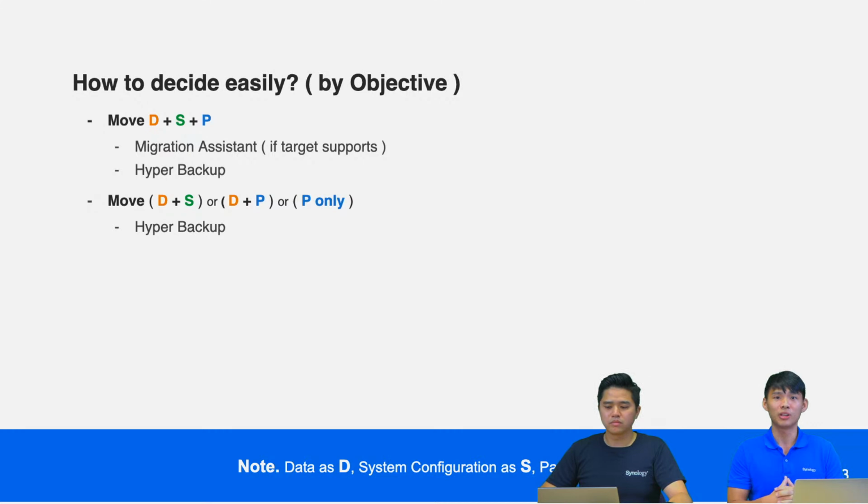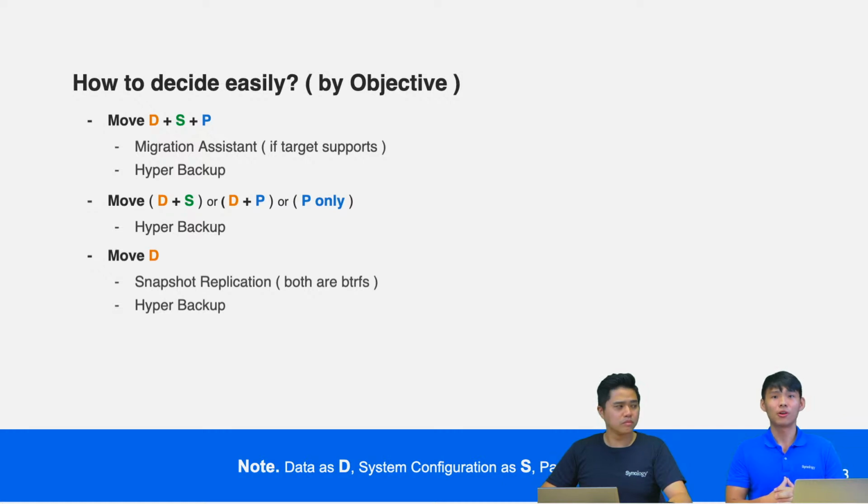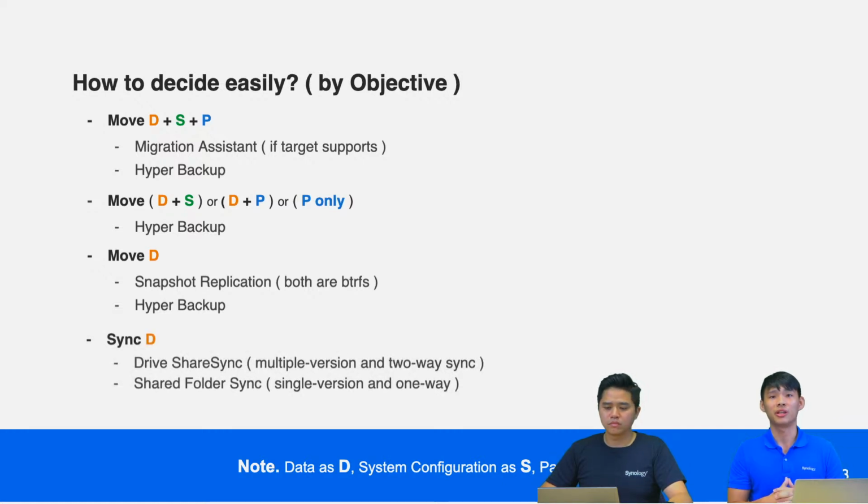For moving data only, Snapshot Replication would be better if volumes on both sides are Btrfs. Alternatively, please use Hyper Backup. For syncing data only, please use Drive Share Sync or Share Folder Sync.